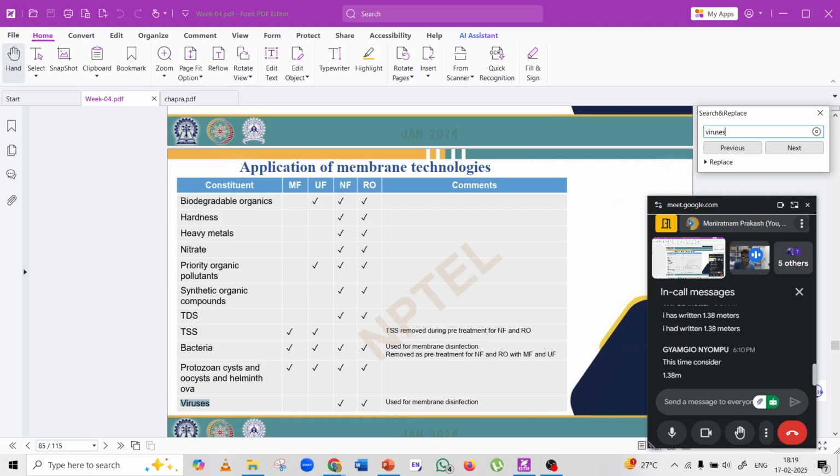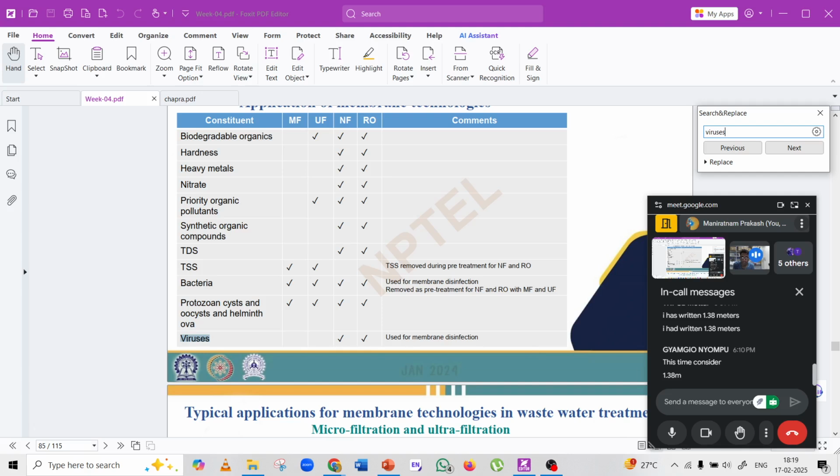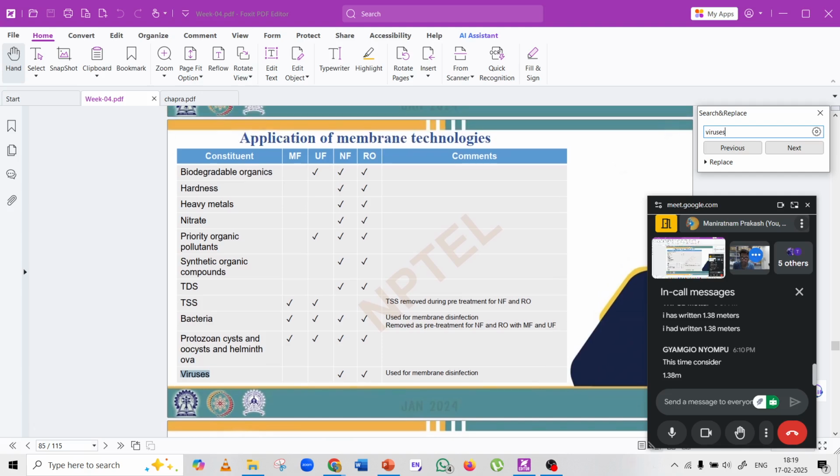See here, you can see that bacteria, protozoa, viruses, everything is being removed by it.